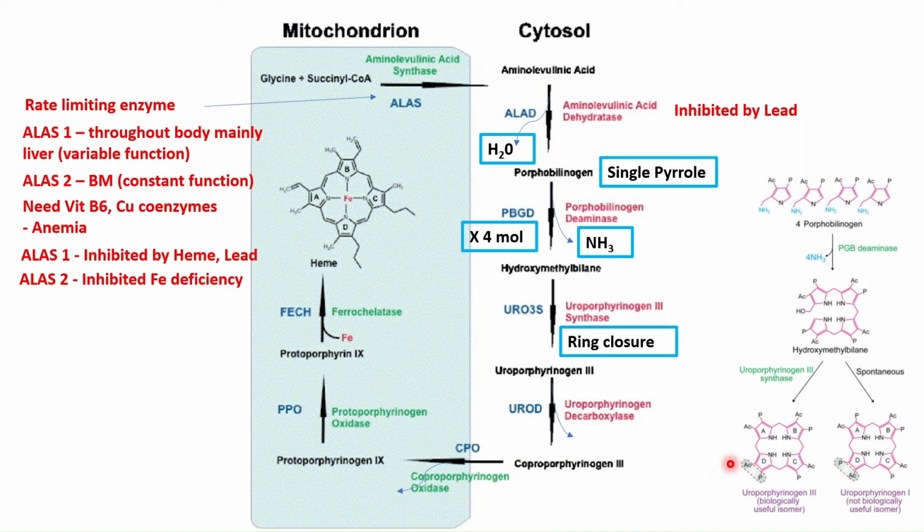So the uroporphyrinogen 3 isomer is the one which is useful in us. We also have a spontaneous formation of the uroporphyrinogen 1 isomer, but that is not significantly useful. So we have formation of uroporphyrinogen 3 by closure of hydroxymethylbilane. Now this uroporphyrinogen 3 undergoes decarboxylation to form coproporphyrinogen 3, which again undergoes decarboxylation to form protoporphyrinogen 9.